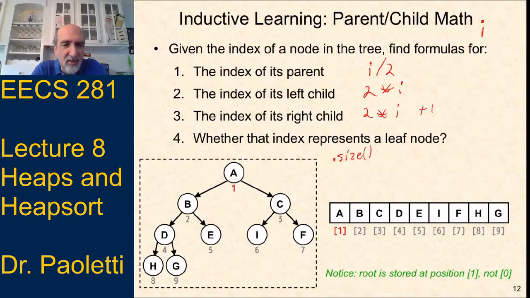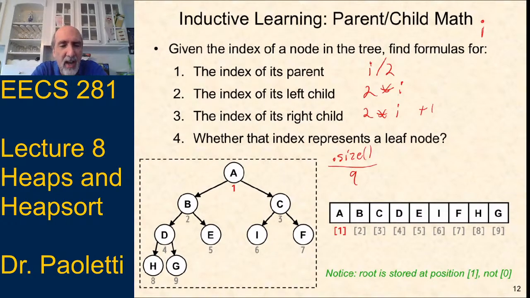What is dot size here? Dot size is 9. So 5, 6, 7, 8, 9, those are all leaf nodes. We've got about half of our nodes are leaf nodes, and about half of them are not.